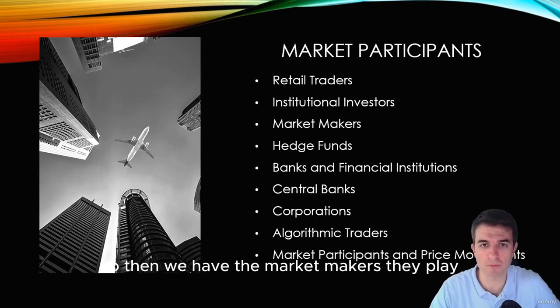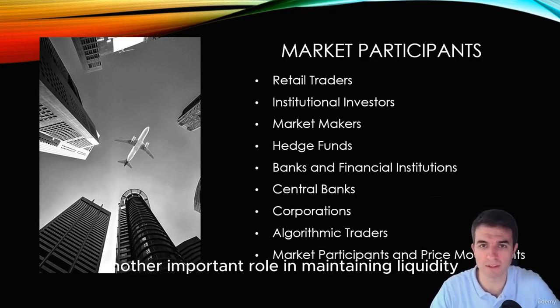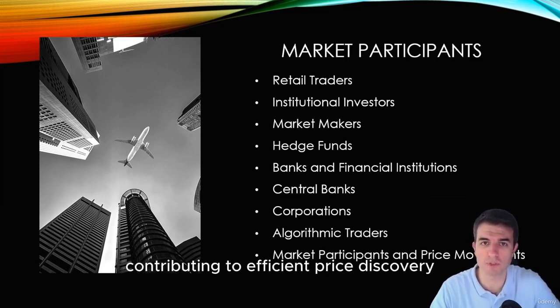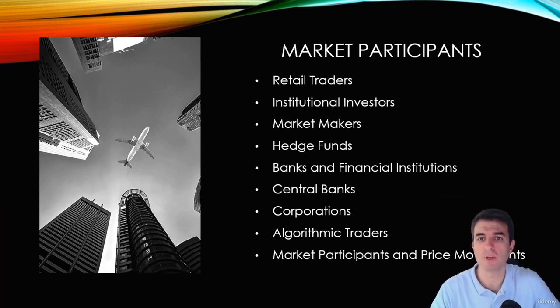So then we have the market makers. They play another important role in maintaining liquidity by continuously providing buy and sell quotes for a specific asset. They profit from the bid-ask spread, contributing to efficient price discovery and ensuring that trades can be executed promptly.